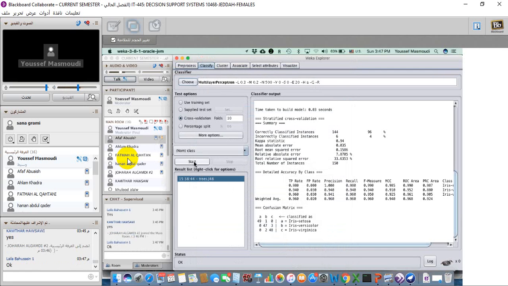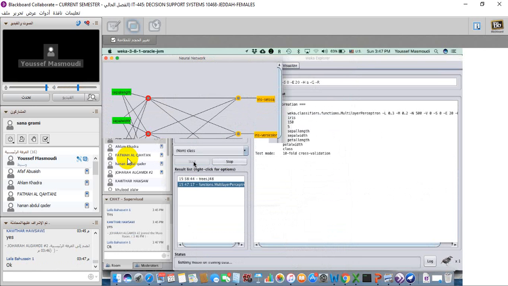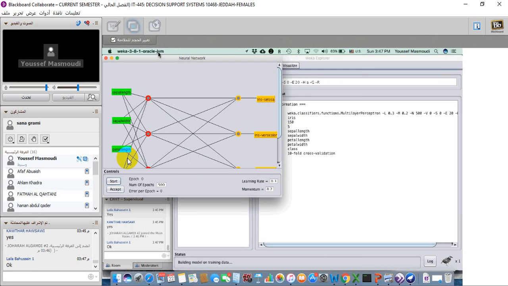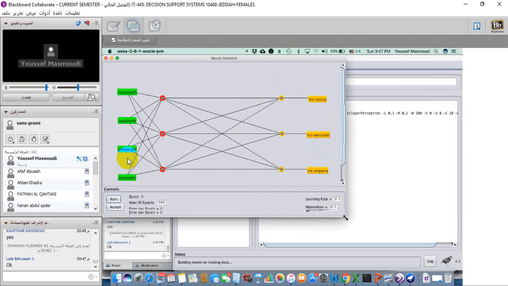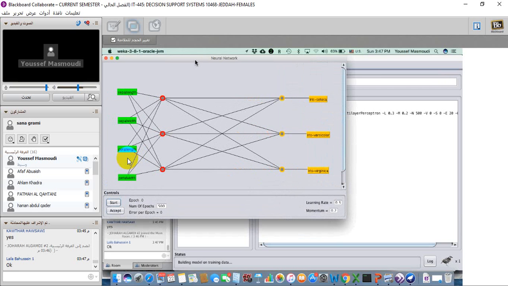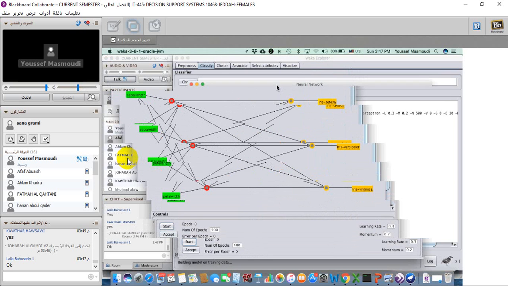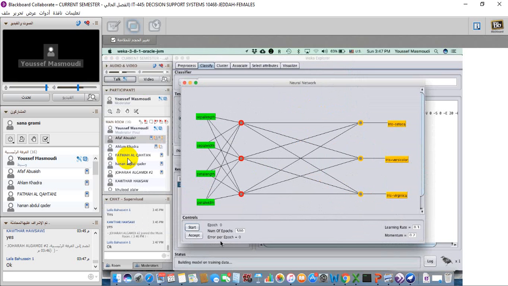Okay, then I will click on start. Here you have the neural network that will be applied to our dataset.